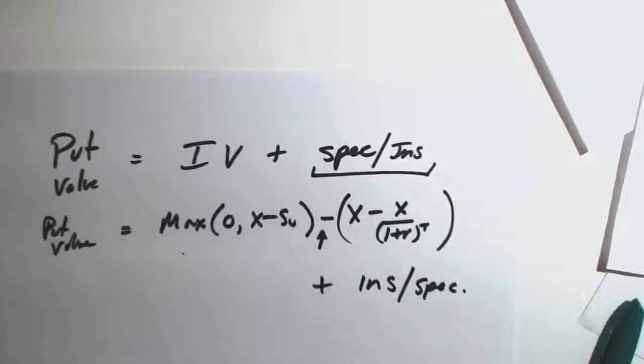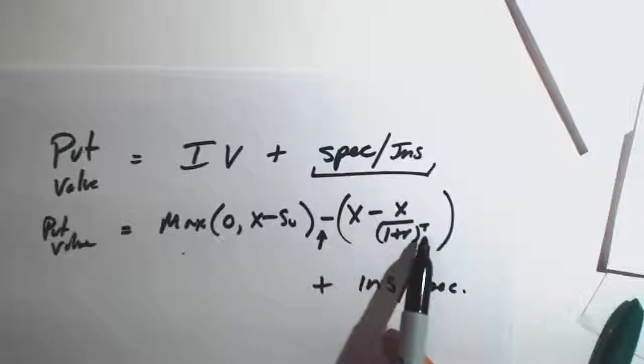It's negative because if you hold a put, you're deferring the exercise of that option, which means you're deferring getting X. Well, X can be valuable in a high interest rate environment because you can take X and invest it in a bond or something at a risk-free rate that earns a lot of money for you. And that's what this component is telling you.